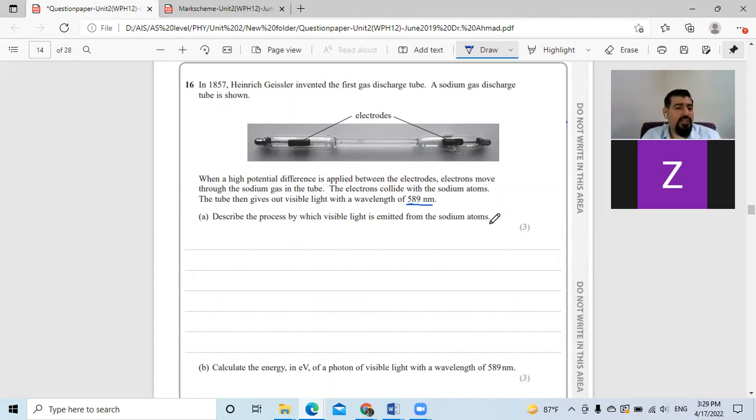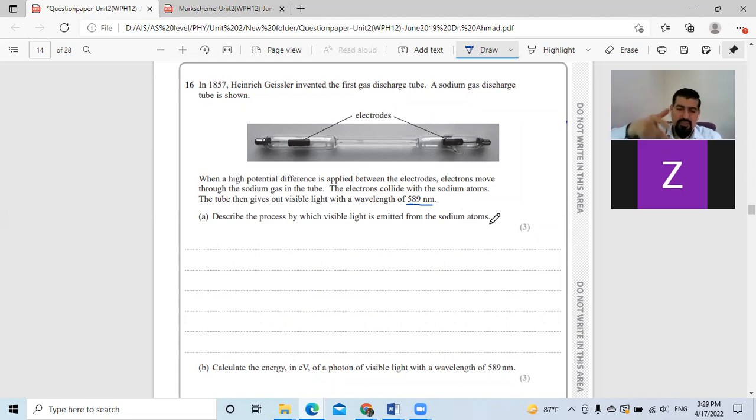One of the answers that Hamza wrote down for us: electrons gain energy and get excited and move to a higher energy level. Then they de-excite and lose energy to be more stable, to go to a lower energy level, and will follow a certain path depending on the energy released by the electron, and each electron will release a photon.